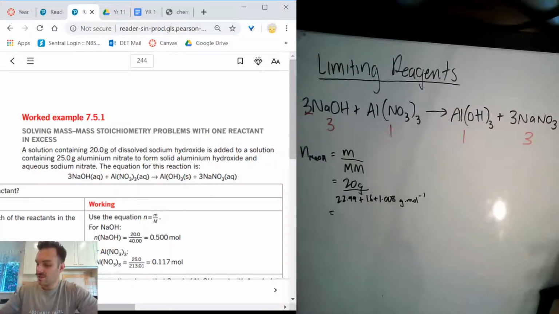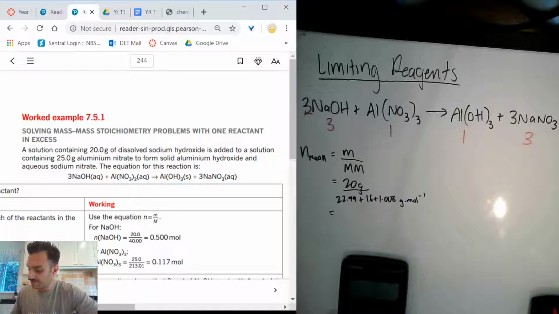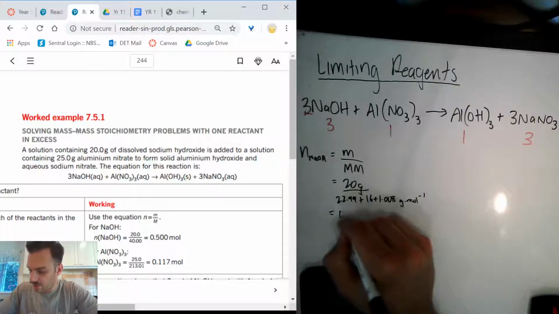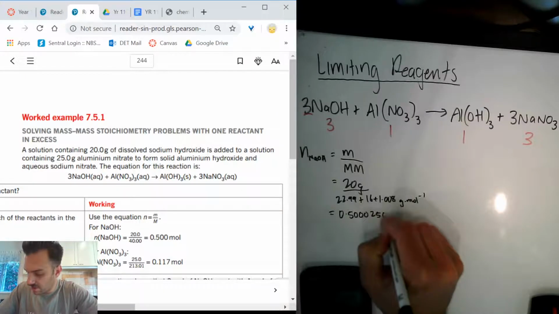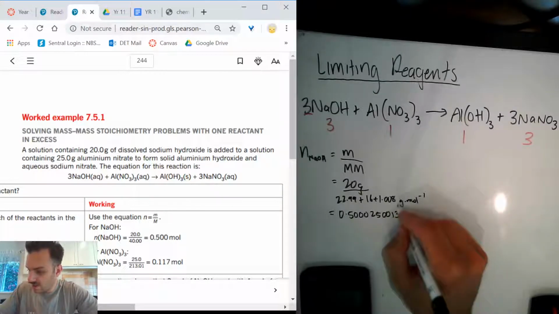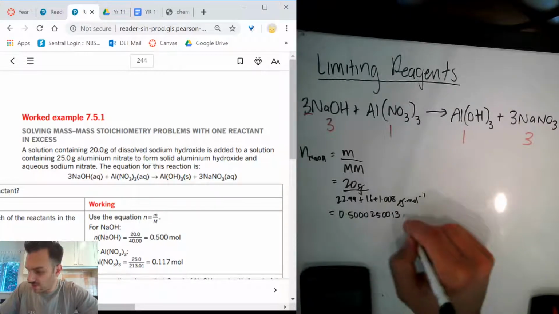Okay, let's do that on the calculator really quickly. Okay, and you end up with about half a mole, 0.500250013, and grams cancel, and you end up with moles.